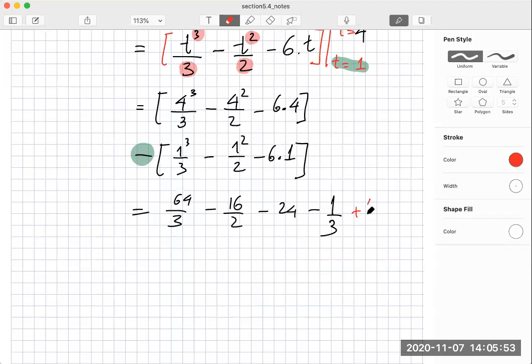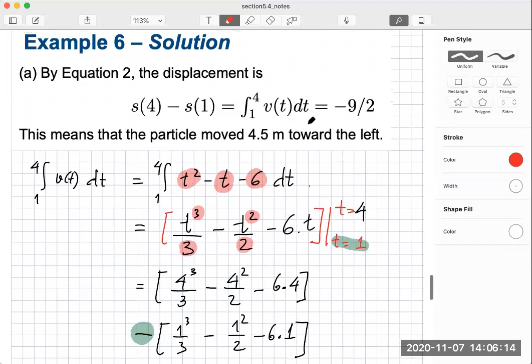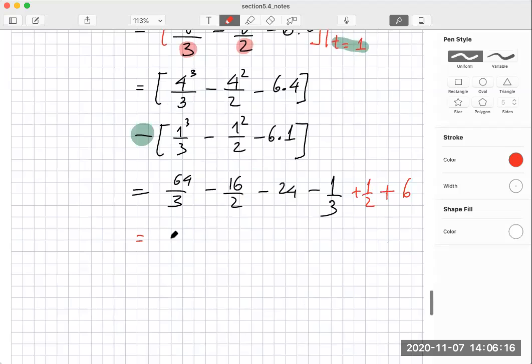Yes, 1/2 and plus 6. Here we go. Then finally, you will find that this result is -9/2.